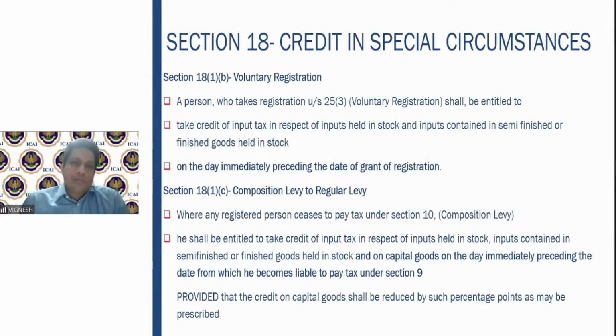18.1b looks at a situation of voluntary registration. So let me take you to 25 subsection 3 for a minute, which speaks about voluntary registration. What is voluntary registration? You don't have to get yourself registered under GST because your threshold is less than 20 lakhs. But you are facing an issue because these days one important critical issue being raised is due to the transparency of GST registration, because any person's GST number, you can just locate it online.